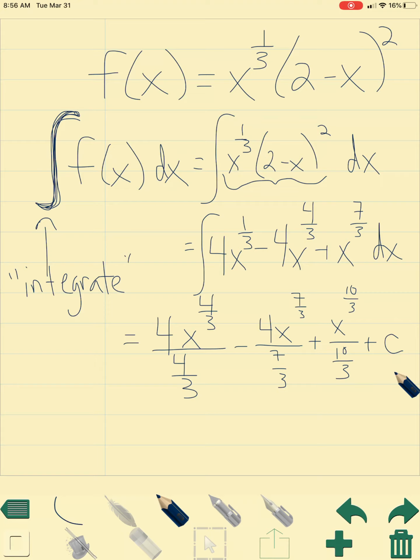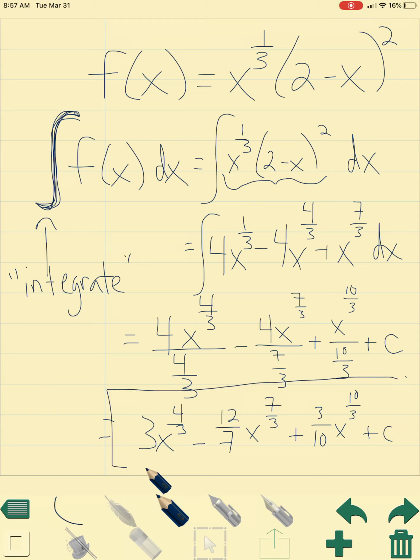As long as you're not given a point, you just leave it as plus c in your answer. So this is equal to 3x to the 4/3 minus 12 over 7 x to the 7/3 plus 3 over 10 x to the 10/3 plus c.